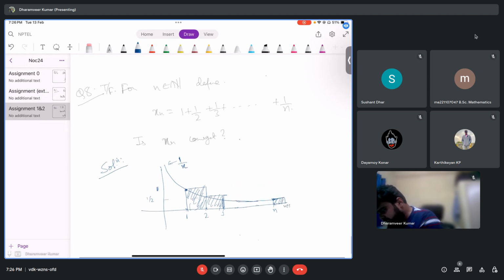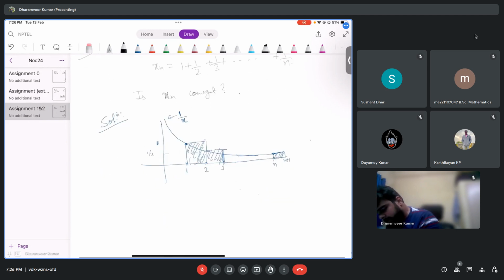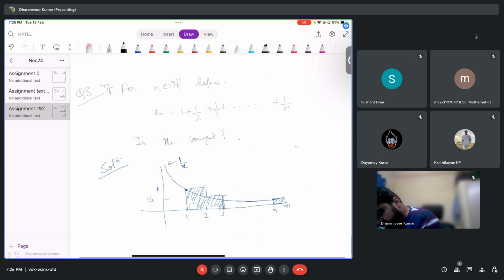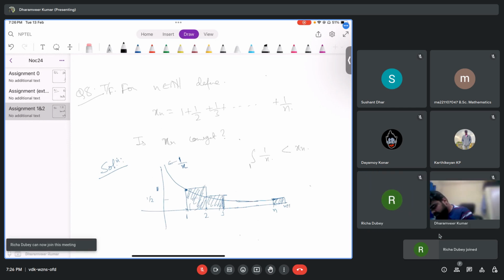So this xn is greater than the integral of 1 over x from 1 to n plus 1.